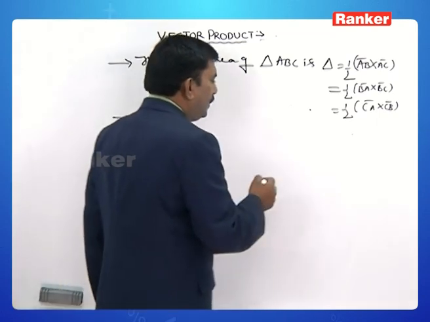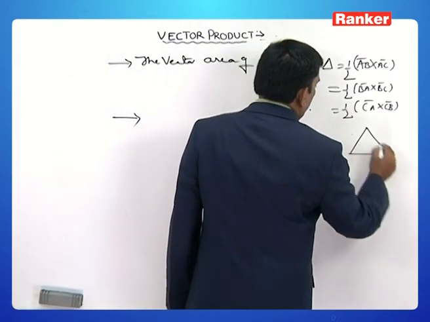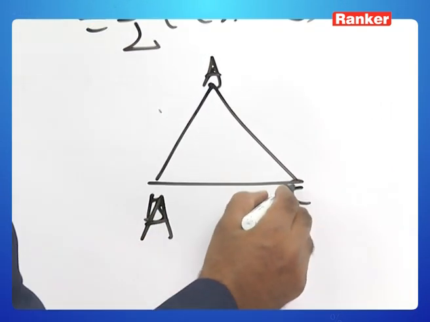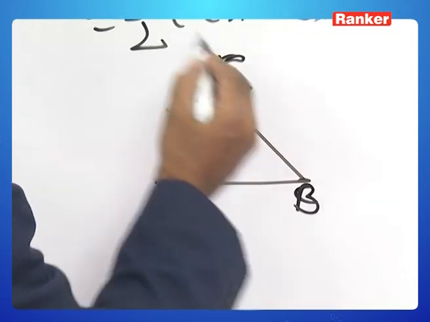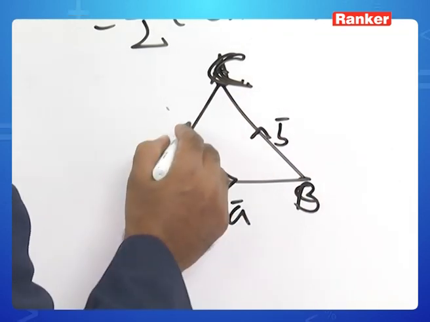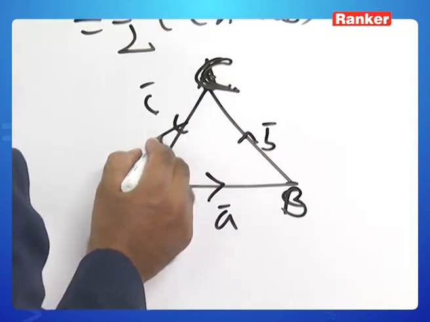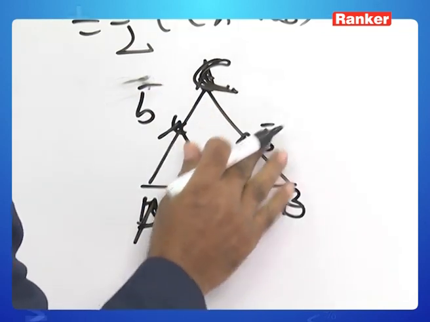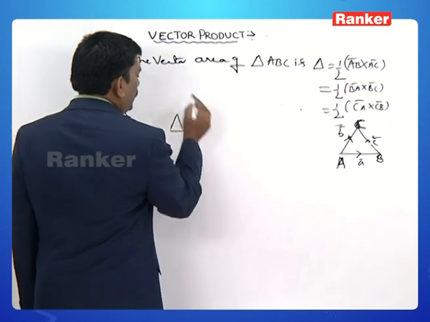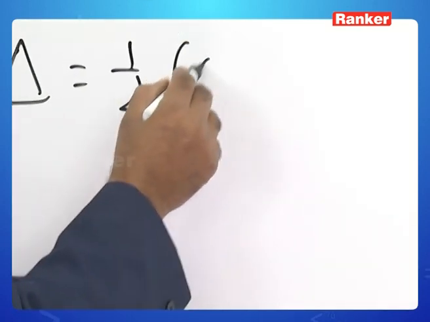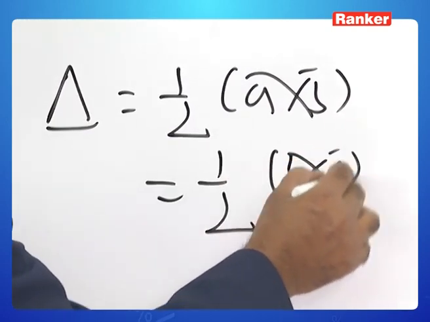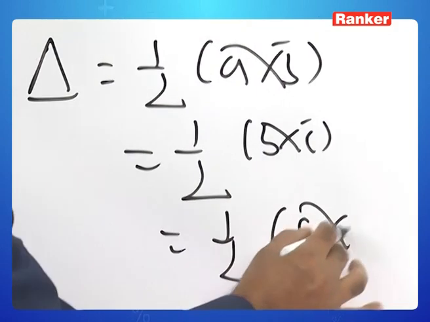Now, if I take the triangle ABC, with vertices A, B, C, and if I take A bar, B bar, C bar, I can also write the vector area of a triangle is equal to half into A bar cross B bar, or else B bar cross C bar, or C bar cross A bar.